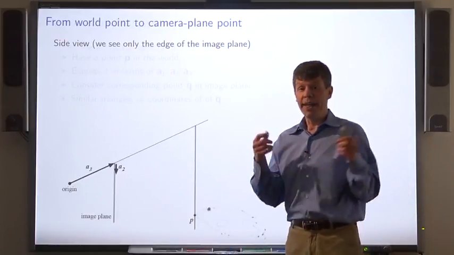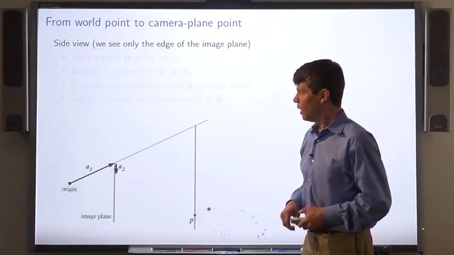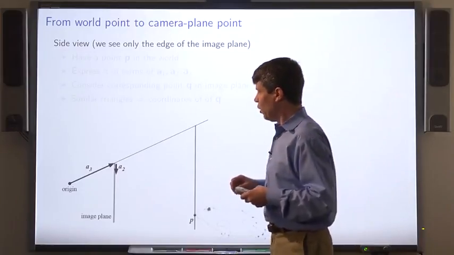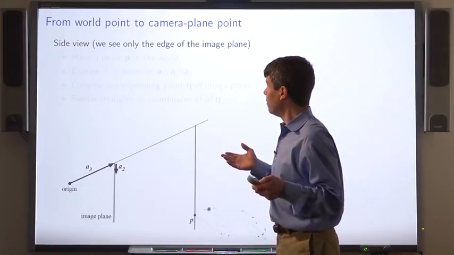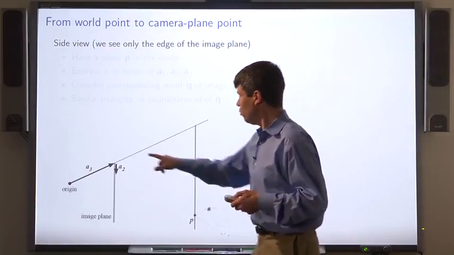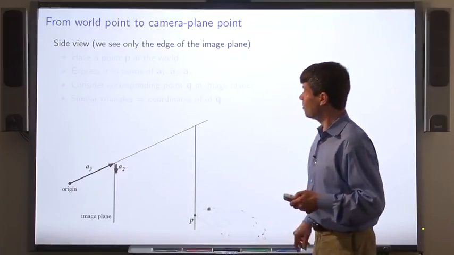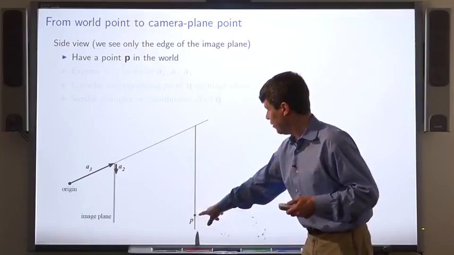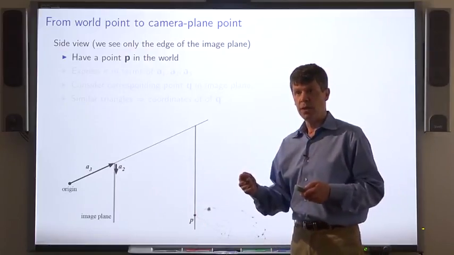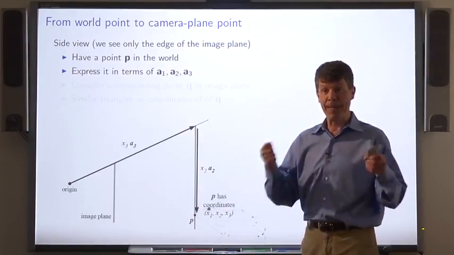Now we'll see why the camera basis makes it easy to perform this transformation. Here's a side view where we don't see A1 because it's pointed directly at us. But we do see A3 and A2. And here's the scene. And there's a point P in the world. First, let's express that point in terms of A1, A2, and A3, the camera basis.